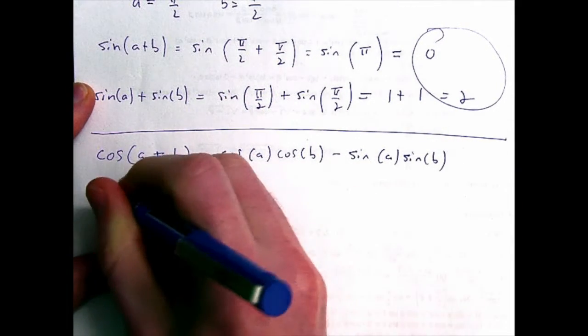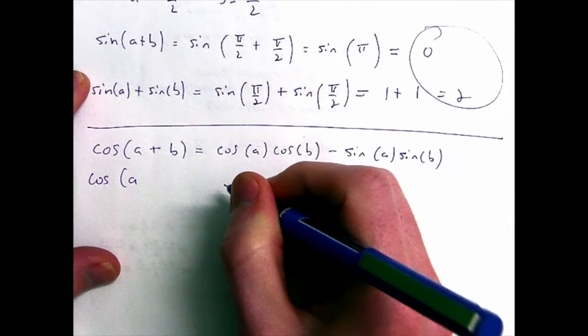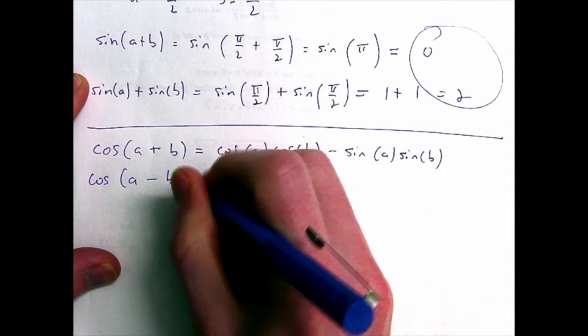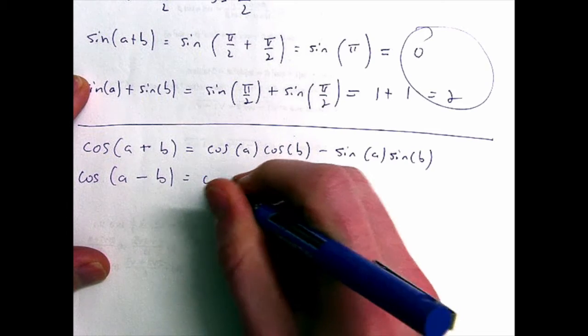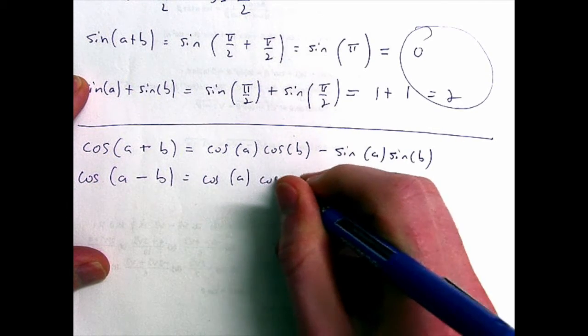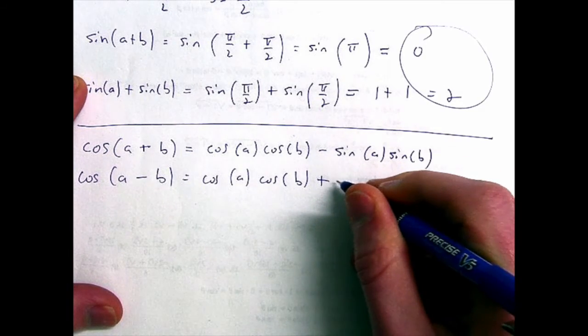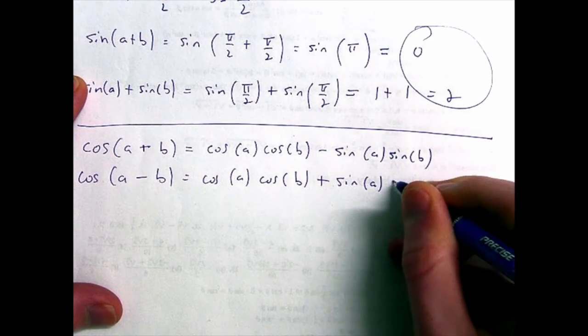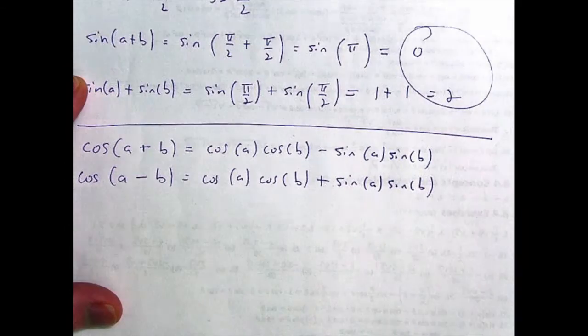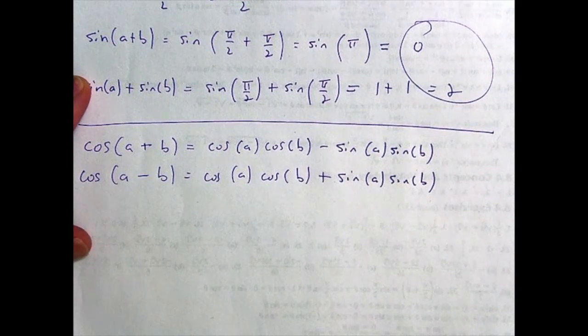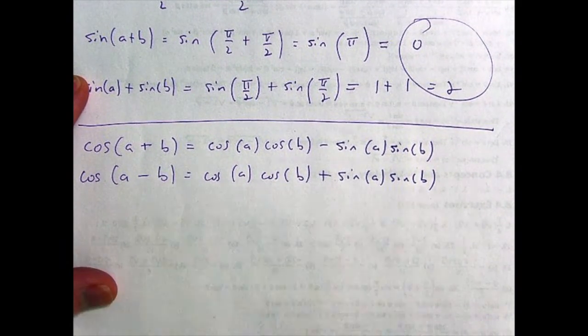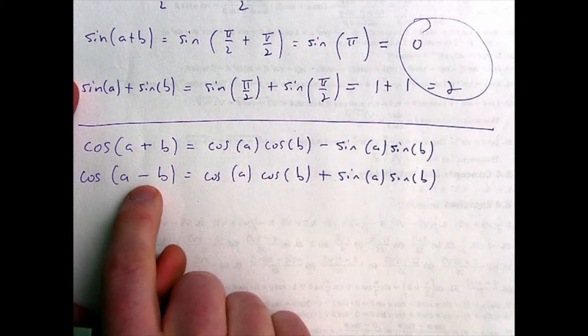And there's also a formula for the cosine of A minus B. It's very similar. It's cosine of A times cosine of B plus the sine of A sine of B. So these two formulas tell us what happens when we have the cosine of the sum of two angles or the difference of two angles.